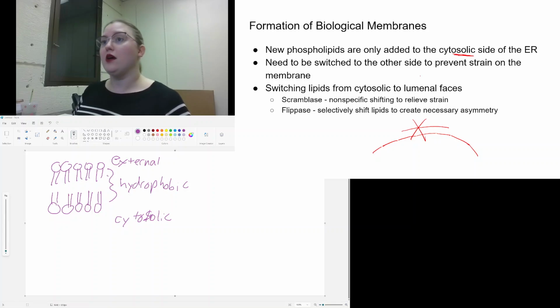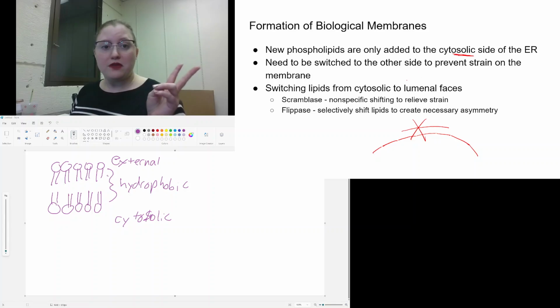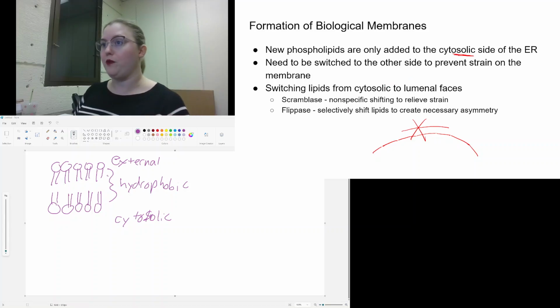We don't want that. So there are these two types of enzymes that help with this particular issue. So the first is called a scramblase. Scramblases are nonspecific, and their whole job is just to make sure that that strain is alleviated.